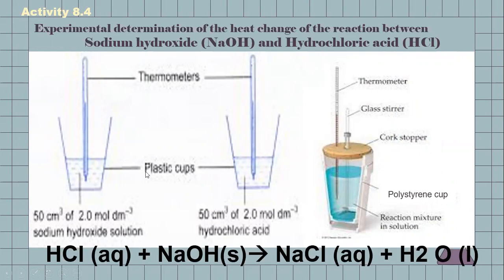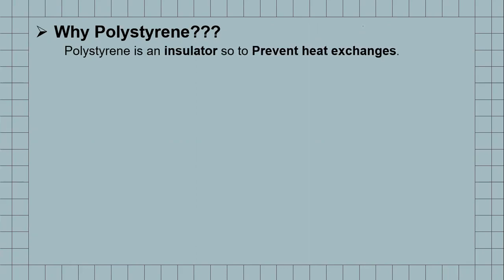Right. So the chemical reaction that takes place here is when hydrochloric acid reacts with sodium hydroxide, it forms sodium chloride and water. Right. So by using a thermometer, we can measure the temperature. But why do we use polystyrene here?